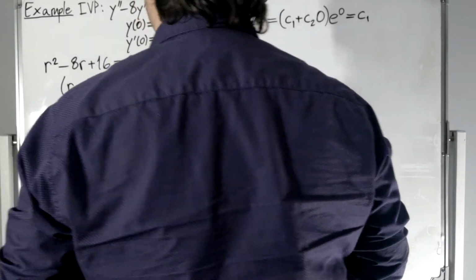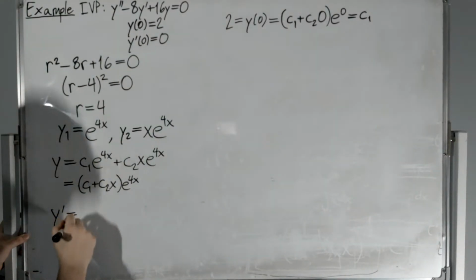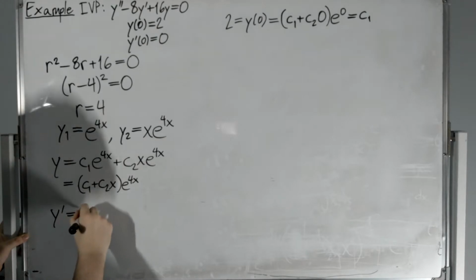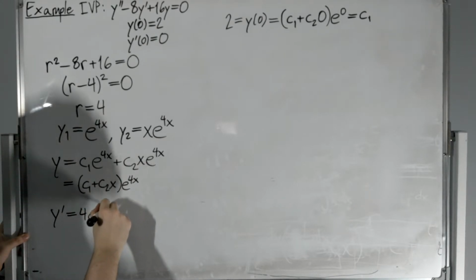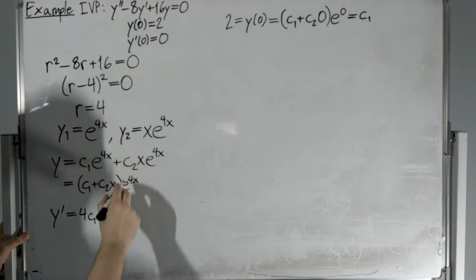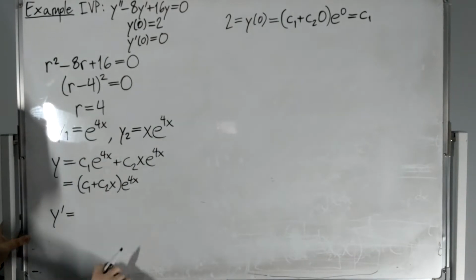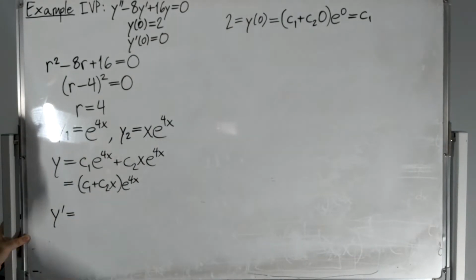And then y'(0) has to be 0. So we're going to need a derivative of this. y' is going to be, let's see here, 4c1 e to the 4x plus 4... Actually, we need to do the product rule. So it's probably easier to just take the derivative of this thing then.